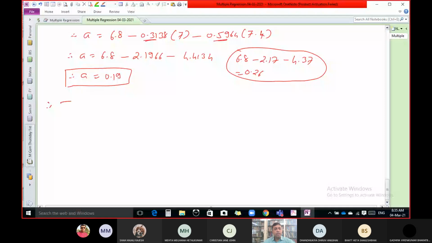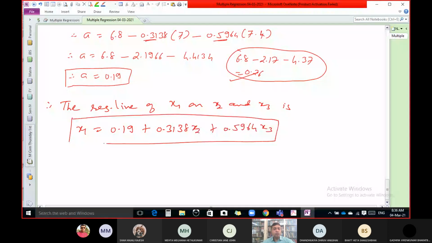Therefore the regression line of x1 on x2 and x3 is x1 equal to A, which is either 0.26 or 0.19, it's okay, 0.19 plus 0.3138 x2 plus 0.5964 x3, and this is the final answer for the regression line of x1 on x2 and x3.